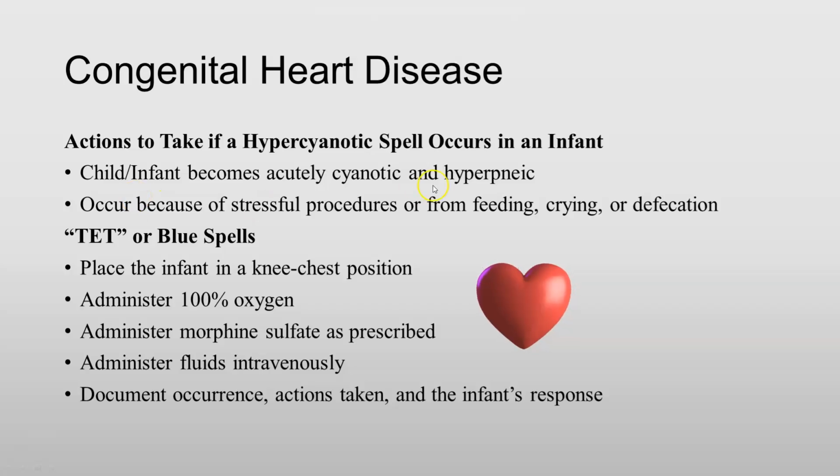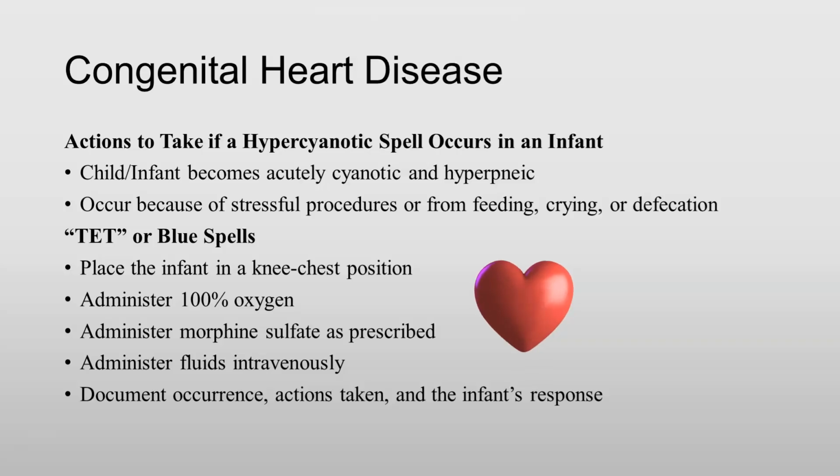So what do we do? We are going to place the infant in the knee to chest position. That's that squatting position. We're going to administer 100% oxygen because their baseline at that point is 65 to 85, and it could be worse. Morphine will help because it will decrease their crying. It will improve their respirations.